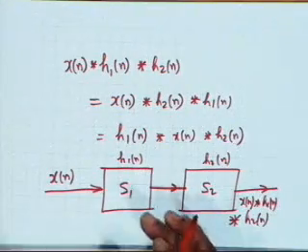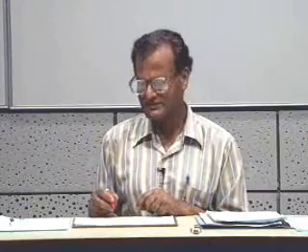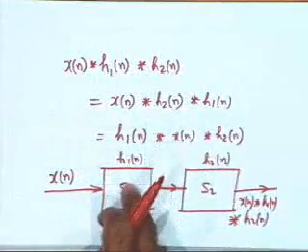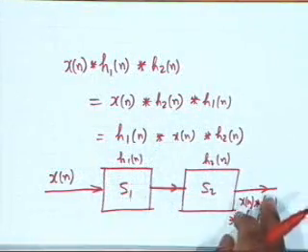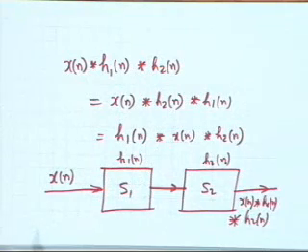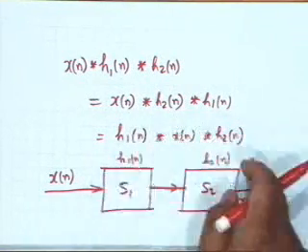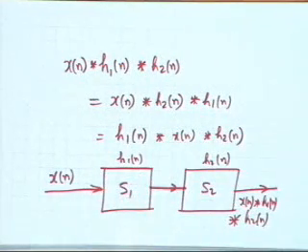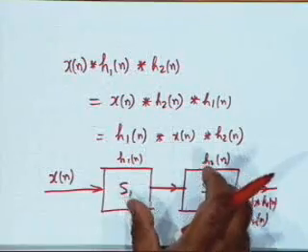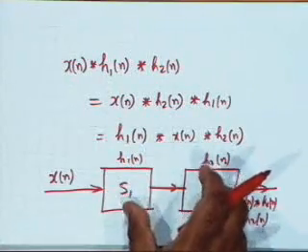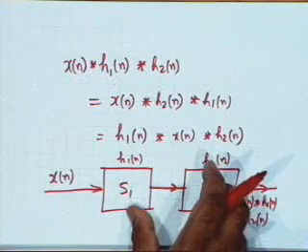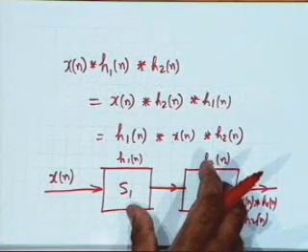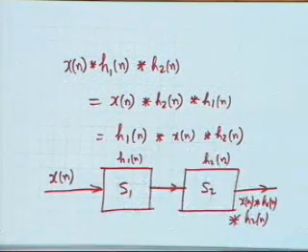All right. Now, convolution is commutative means that if you interchange the 2, the output shall remain invariant. That is, S2 can come first, S1 can go later. This also appeals to common sense, that cascading shall be independent of which one is put first.